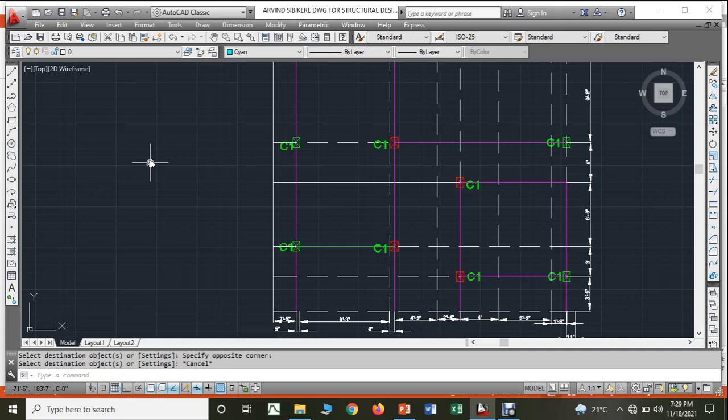The orientations of the column I will explain when I do the modeling in the software. Before we start the modeling, I would like to explain the importance of the shape of the column and the dimensions of the column. After that, we have to understand how to decide the preliminary dimensions of the beam. So these three concepts I'll explain in the next lecture video.